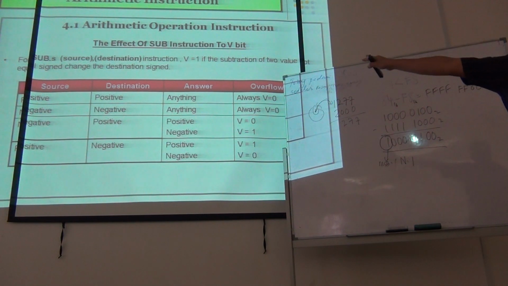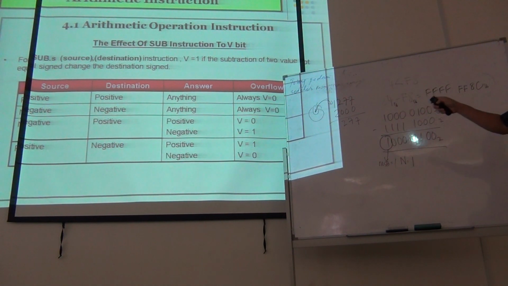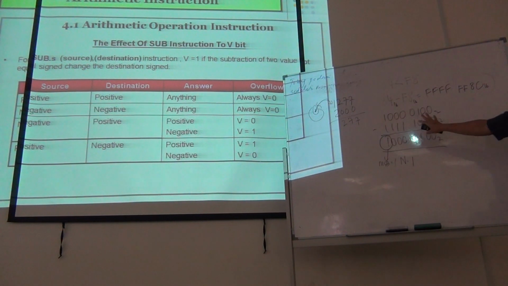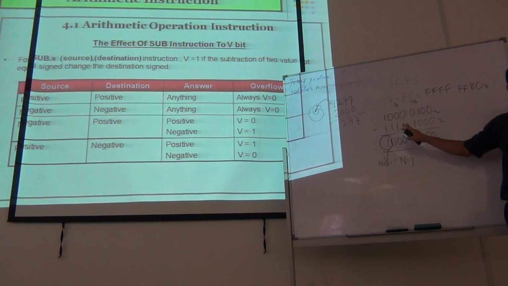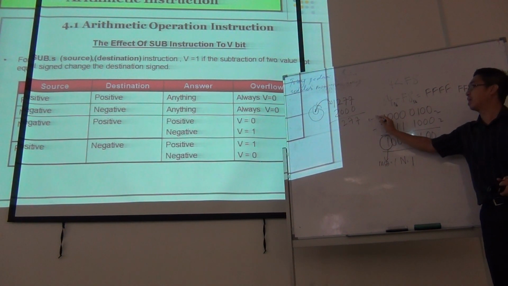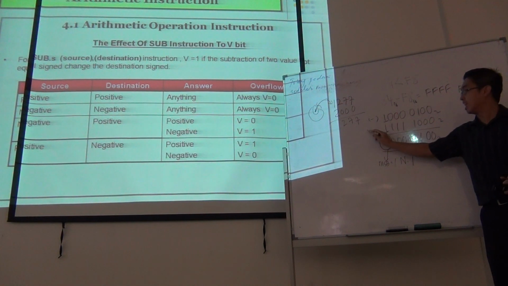This is the table. So for this example, you have to look at here. This is 1, right? This 1 is considered a negative sign only. Negative sign.